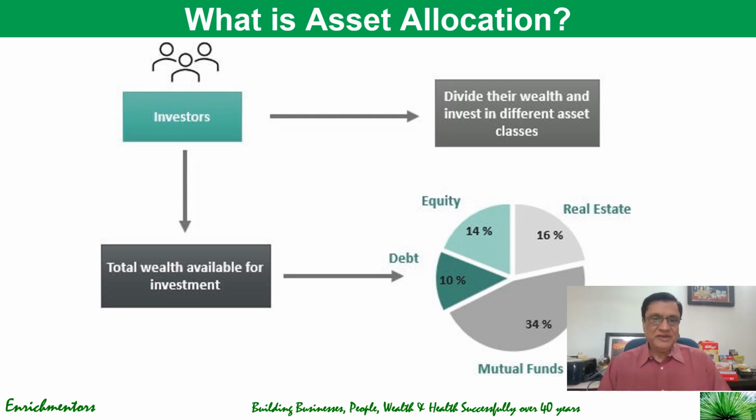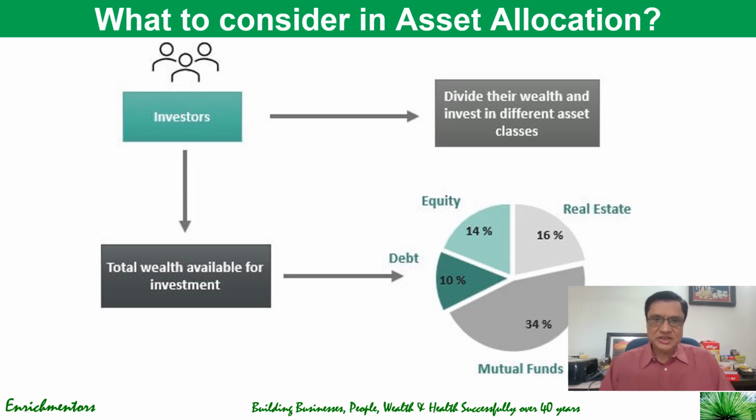So the total wealth available for investment needs to be divided, and where should I invest is the question. Should I invest in debt, equity, real estate, everything, or should I invest in mutual funds, or should I divide them equally, or in what percentage? And that is what is called the asset allocation for your investment, the money and funds available for investment.